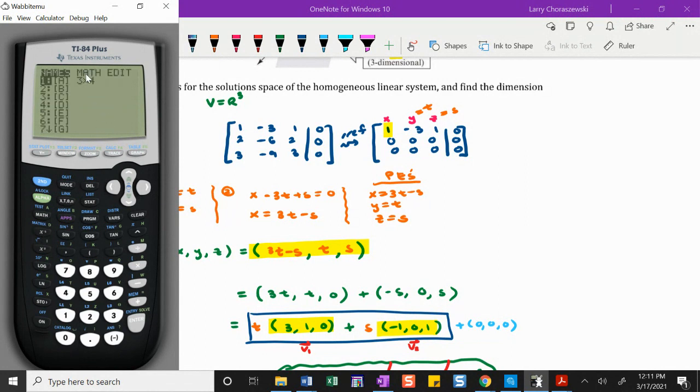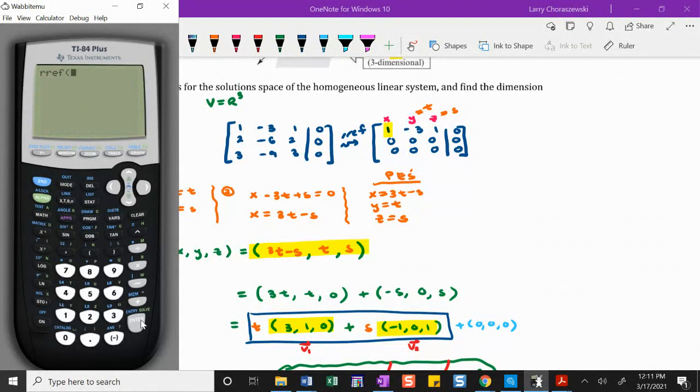All right, let's arrow over to the middle column for math. And we're going to hit the up arrow key until we get to option B. Let me know when you're there. Yeah, I see that. Okay, go ahead and press enter.